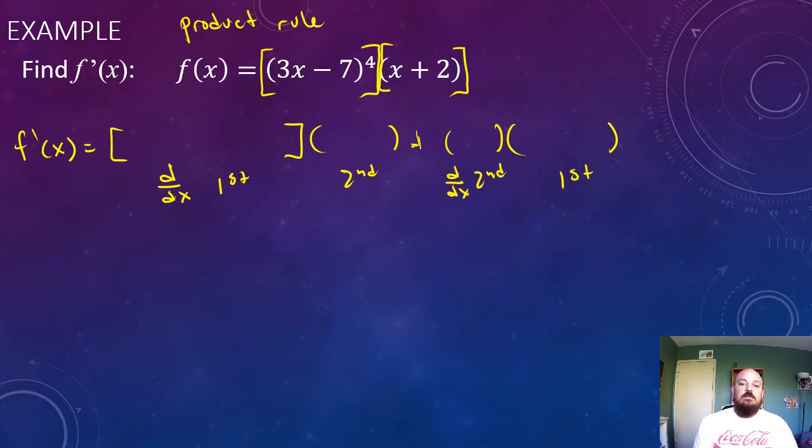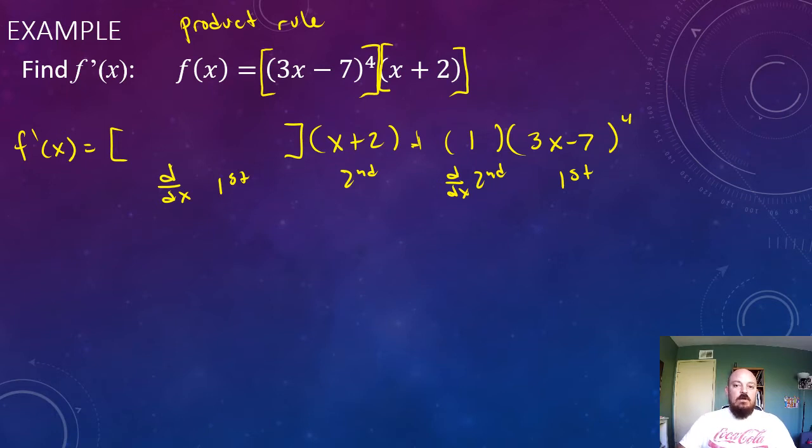So let's fill in the easy parts. The second function is x plus 2, and the first function is (3x minus 7) to the fourth power. Now the derivative of the second is also very easy. That's actually just 1. Derivative of the second function is 1 here. And then our extra work for this problem, and we recognized at the beginning, is when I go to take the derivative of (3x minus 7) to the fourth power, that's a chain rule question.